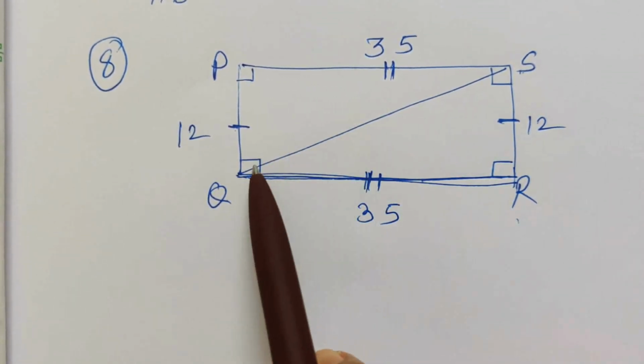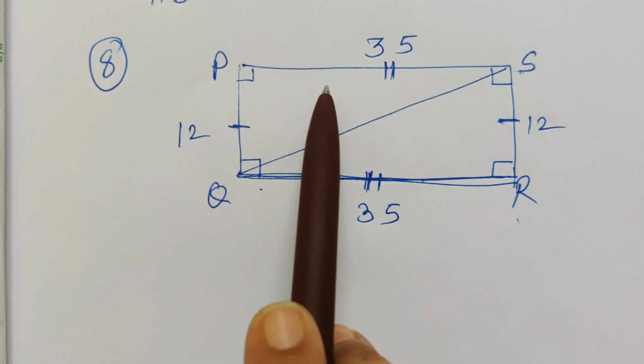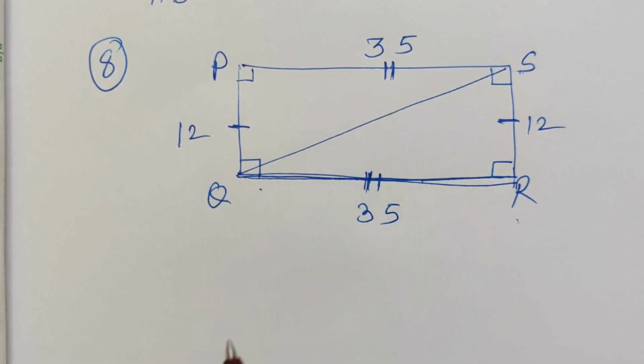Like the square, here also due to the diagonal, the rectangle is divided into two right angle triangles.